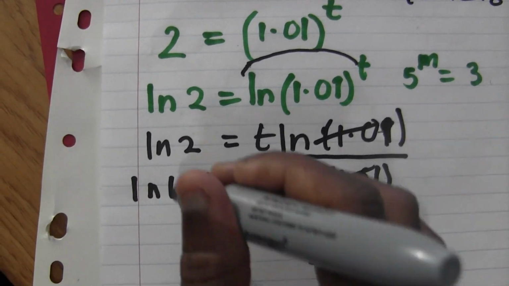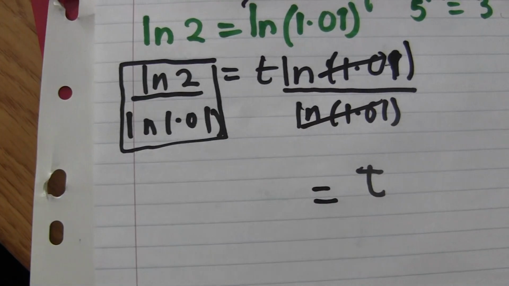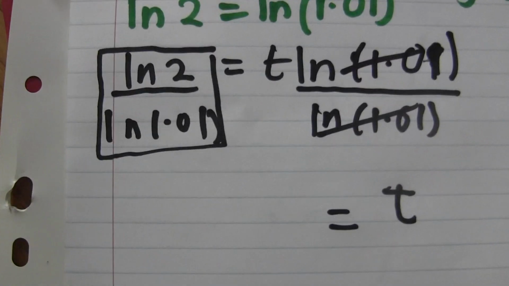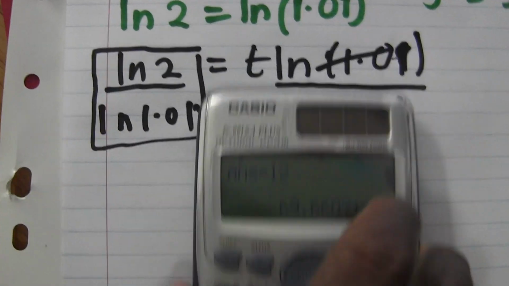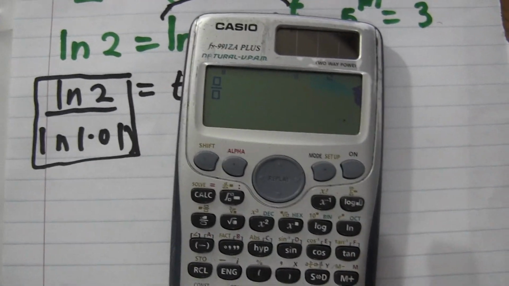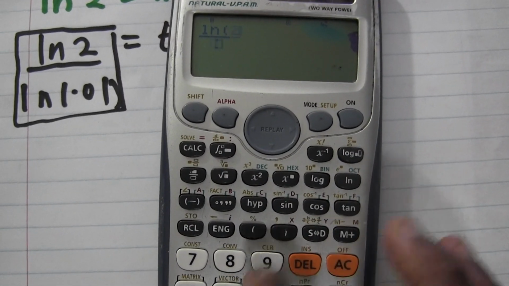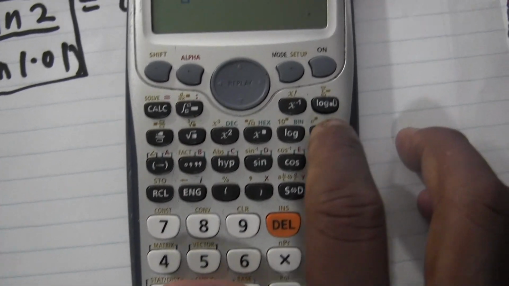On the left hand side, set this in the calculator. And when you put that in the calculator, let me show you how to do that. Somebody might say, oh, I don't know how to do that. Okay, so now you come to the calculator. Say fraction. What is your number? Ln of 2. Ln is right here somewhere. This is a good calculator. I encourage you to buy this calculator.